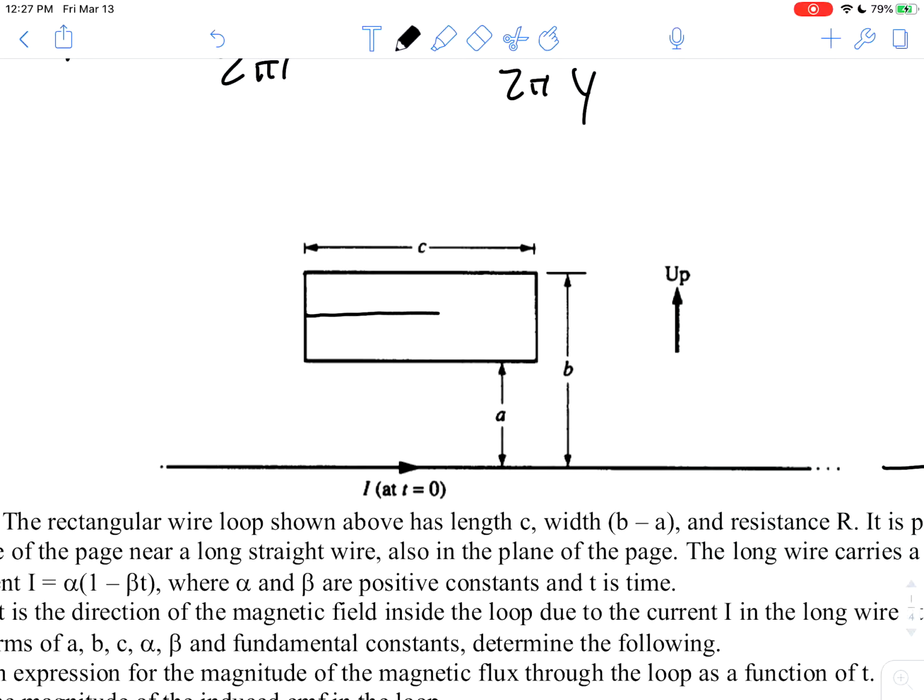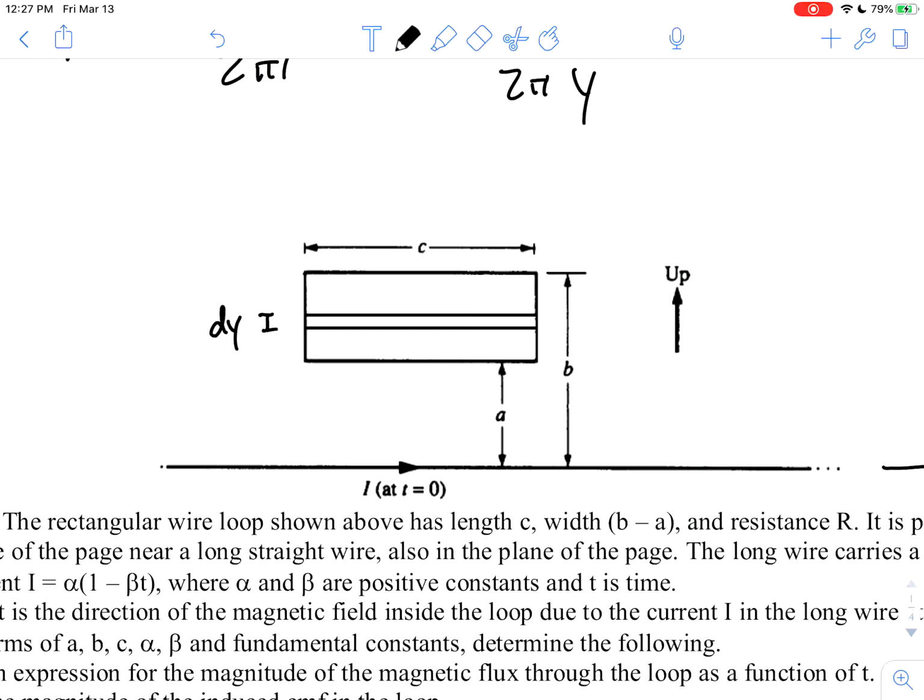So we're doing the same sort of thing here. We're going to split this up into little pieces of area, and I'm going to split it up so that every rectangle has a length that is equal to c and a height that is equal to dy. And the reason that I split it up into rectangles like that is because the B field is not changing in the x direction.